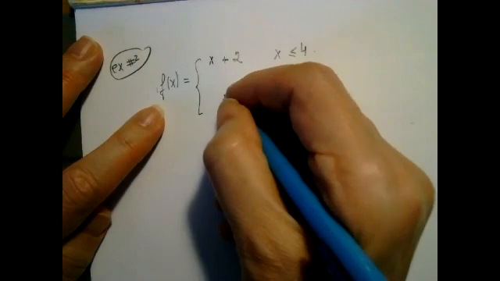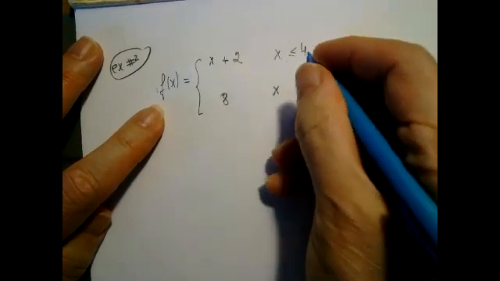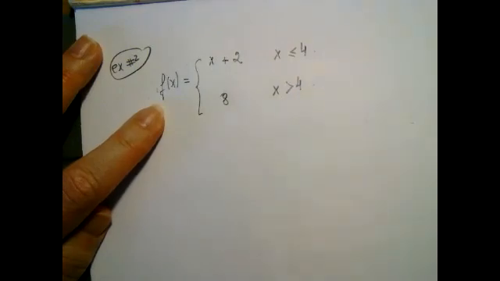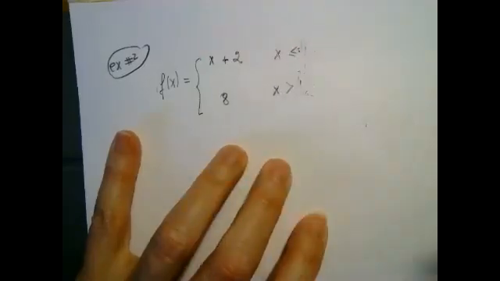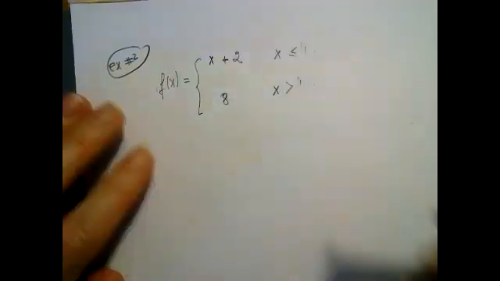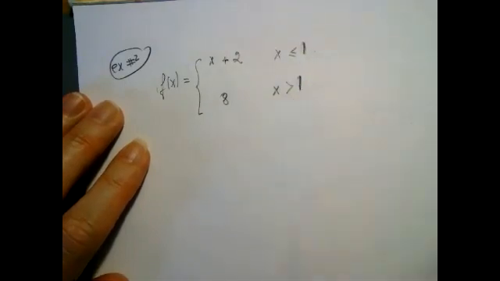And I want it to be 8 for x strictly bigger than 4. Okay, actually, I will change 4 because I don't want you to think it's always 4. So I'm going to put 1 here and 1 here.